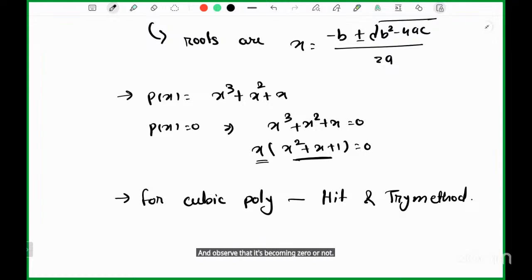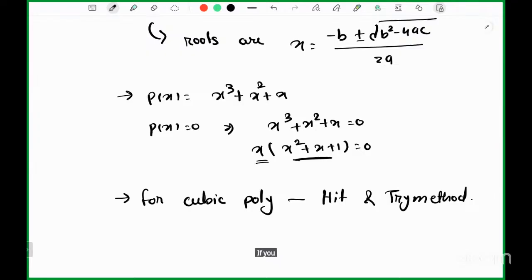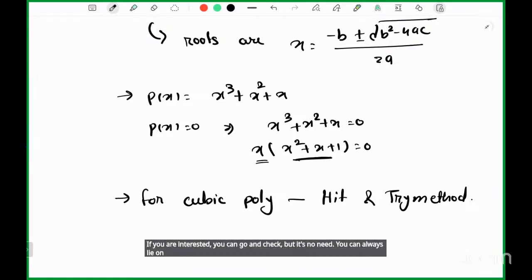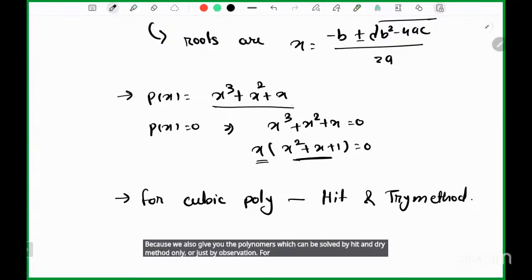Although for cubic polynomials there is a general method, it's a little bit complicated and we haven't learned it in our course, so I am skipping that. If you are interested, you can go and check, but it's no need. You can always rely on the hit and try method, because we only give you polynomials which can be solved by hit and try, or just by observation. For example, like this one, right?